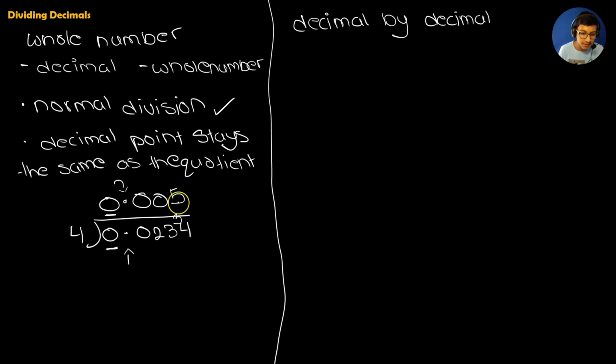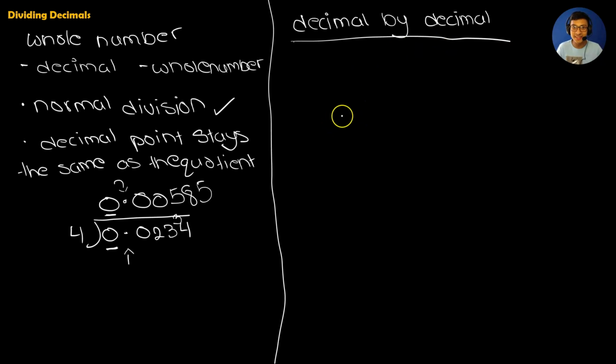Then as we keep dividing, 4, 8, 30, 32, so 2, 25. So our answer would be 0.00585.